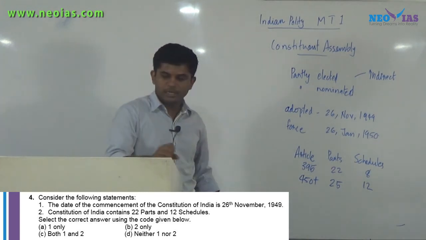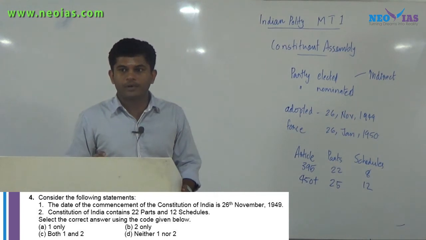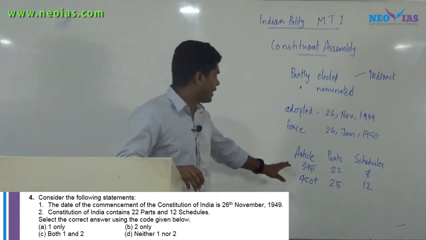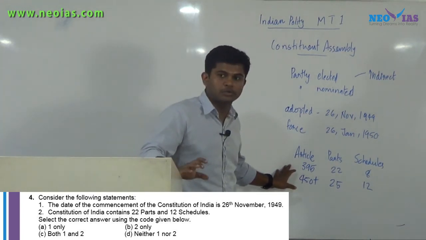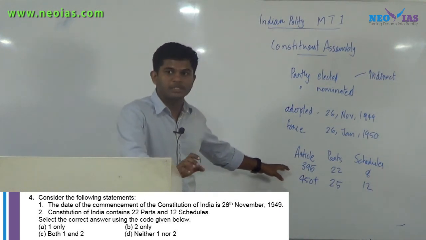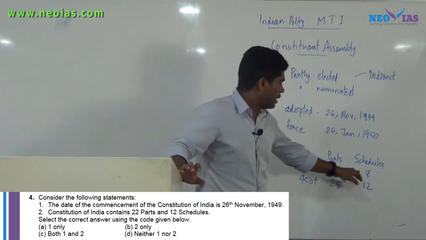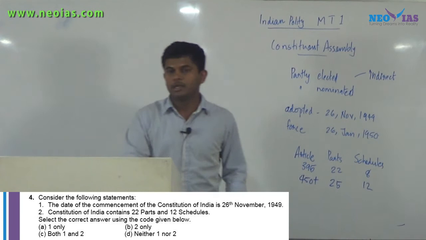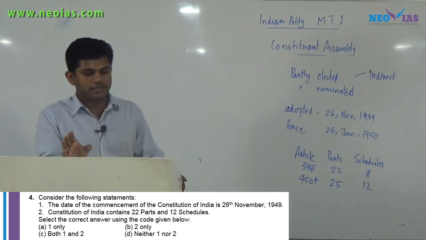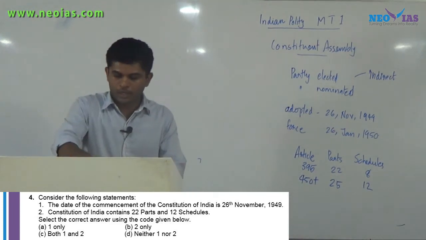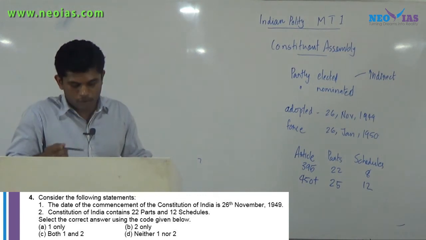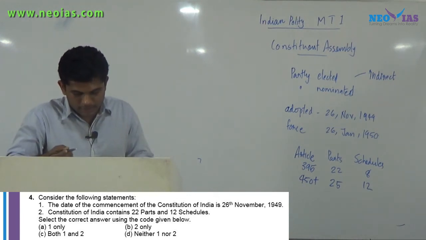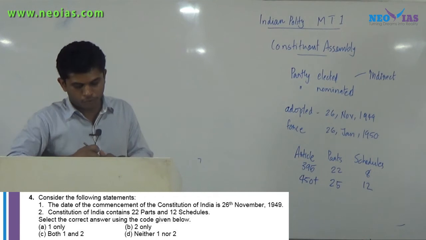And if we take that statement from the viewpoint of the date of commencement of the Constitution, in that case also the statement will be wrong, as at the date of commencement India had only 8 schedules in its Constitution, not 12 schedules as provided in the statement. So in both cases the statement is wrong. Both statements are wrong. Again the answer is D, neither 1 nor 2.